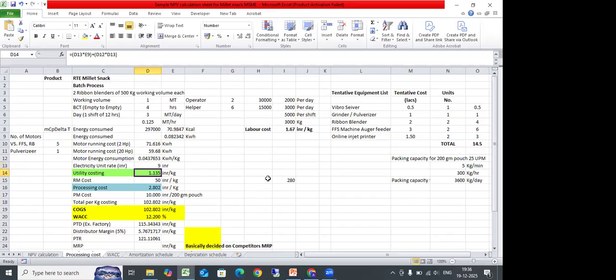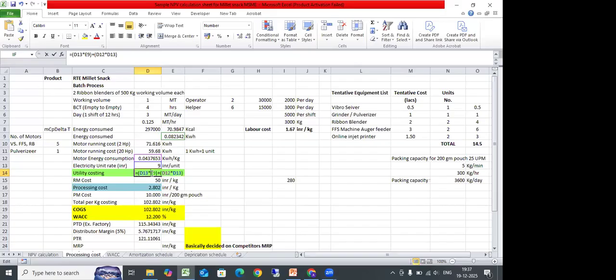So I have taken 9 rupees. 1 kilowatt hour is 1 unit, so 1 unit rate is 9 INR per unit. Is this clear? Yes, sir.